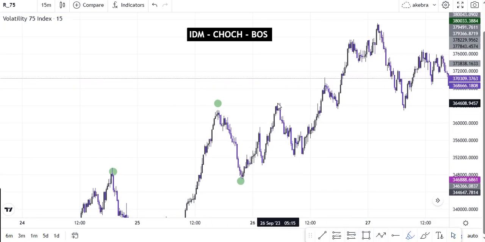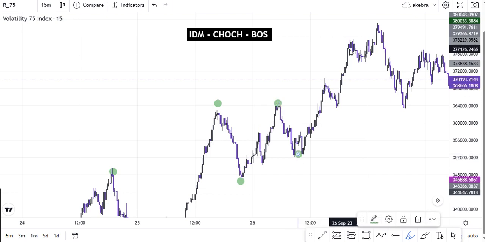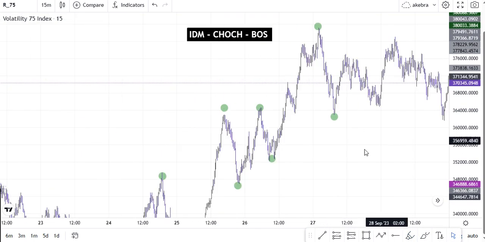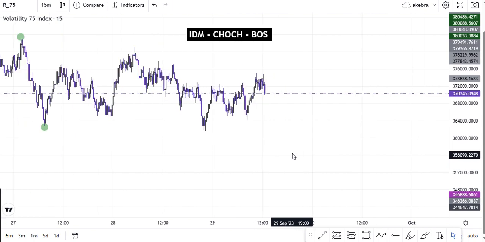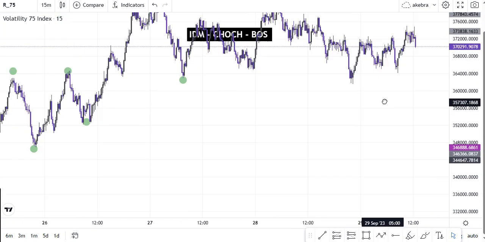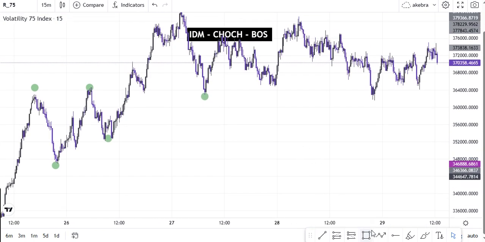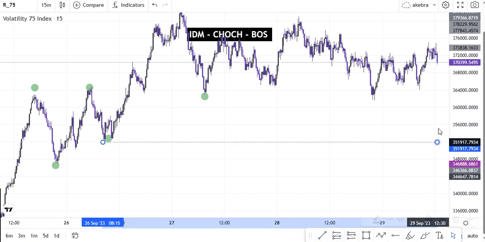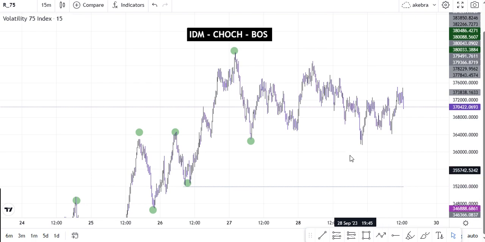This becomes your high. Okay, so this is how we map the structure. If you notice, whenever the market goes below the previous major low, which is this point, that becomes what? Our change of character.